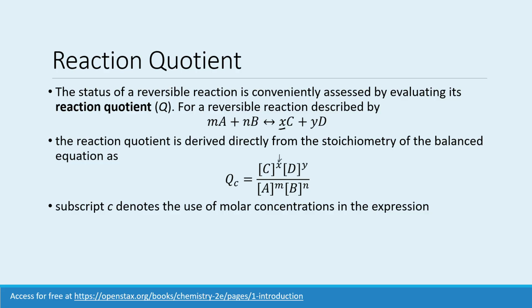So notice how the coefficient of Cx, we're raising that to the power of x. And it's always going to be products over reactants. Okay, so products over reactants there. And raising everything to the power of their coefficients.